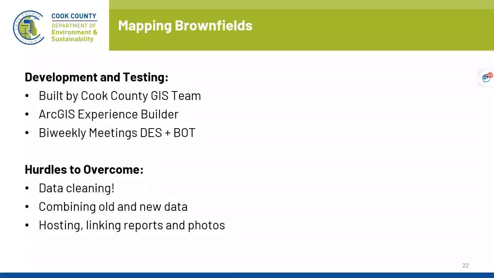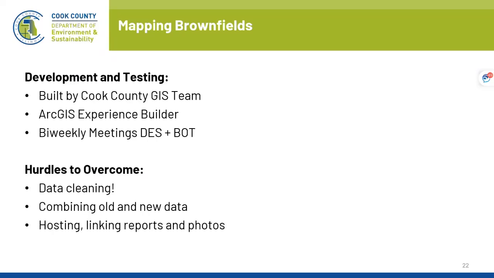So, development and testing: all credit due to the Cook County GIS team for constructing the mapper. They did all of that hard work, and I really just benefit from it. I really enjoyed working with them and was dependent on their knowledge and expertise.